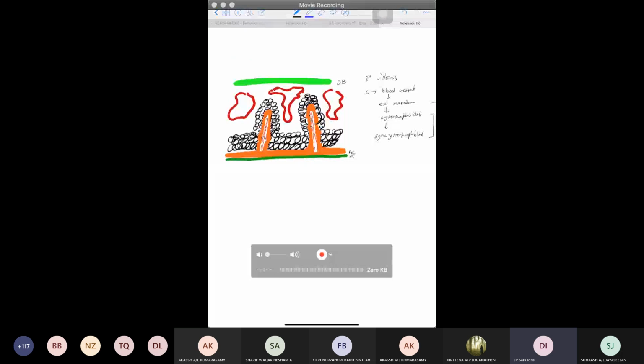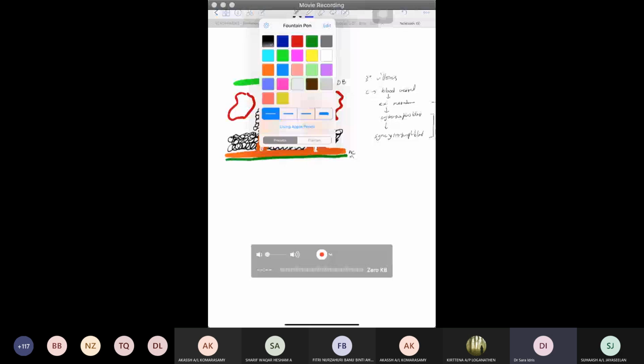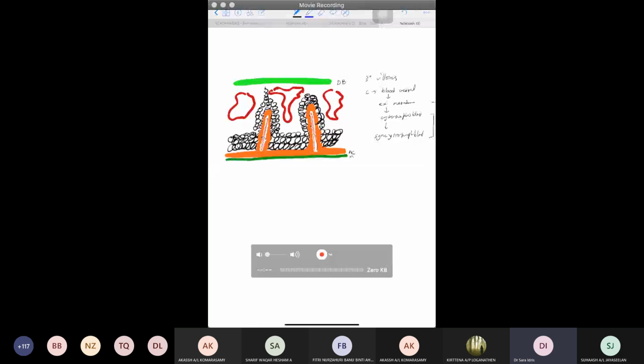Okay, so eventually as the tertiary villus is produced, the cytotrophoblasts will further proliferate to become locked to the decidua basalis.